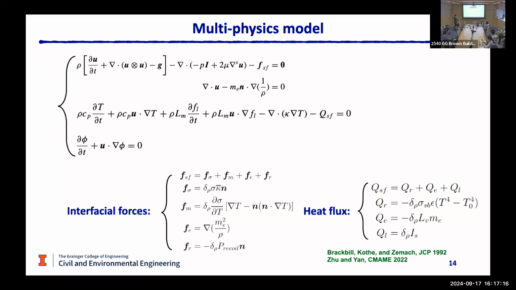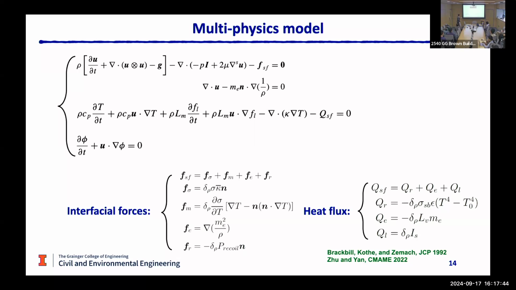And we solve this set of equations in a fully coupled way by using a stabilized finite element method. And we'll not dive into the details of this method. You can check our paper. So we consider all sorts of phase transitions during the printing process in the governing equations. One thing I want to bring your attention to is that you can see that we consider all the critical boundary conditions, the interfacial forces and the fluxes, in our model.